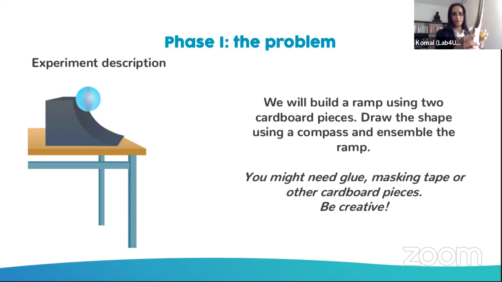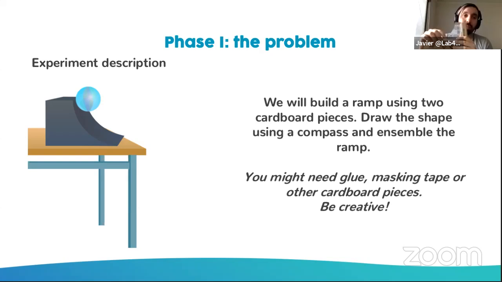So I have a cardboard here, two cardboards that I've assembled together, and here I have a ball. The assembly of the two sheets of cardboard could be complicated depending on the size of the ball that you are using.